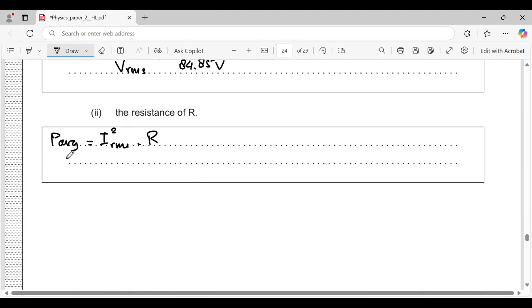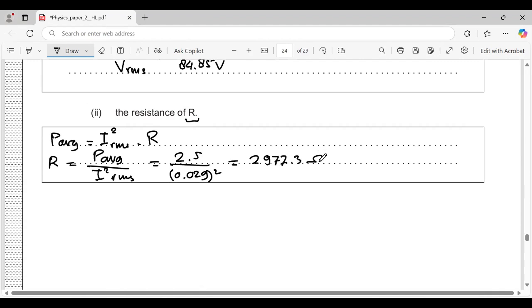So we can rearrange this formula because we are going to find R. So R equals the P average divided by I squared RMS, and it is 2.5 watts divided by 0.029 squared. If you calculate, the result is 2,977.3 ohms, or 3,000 ohms.